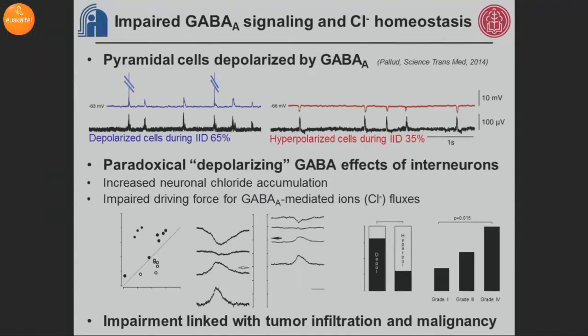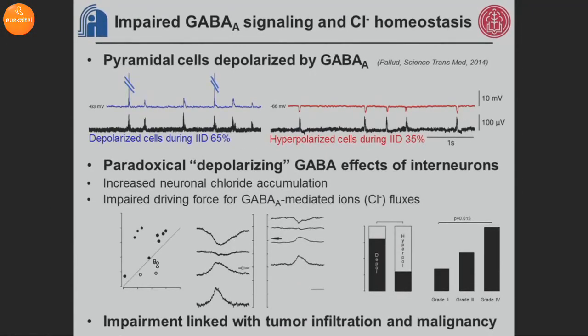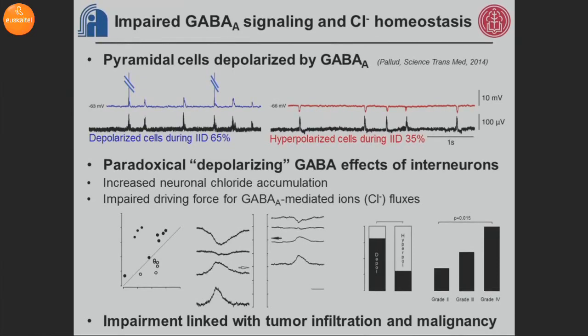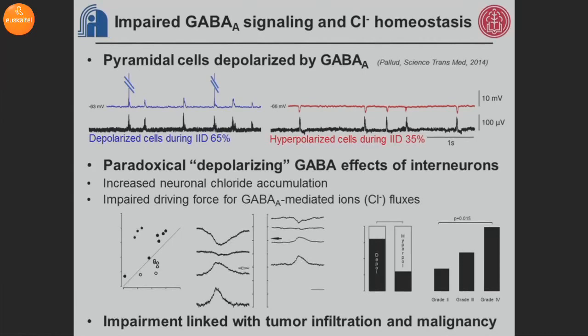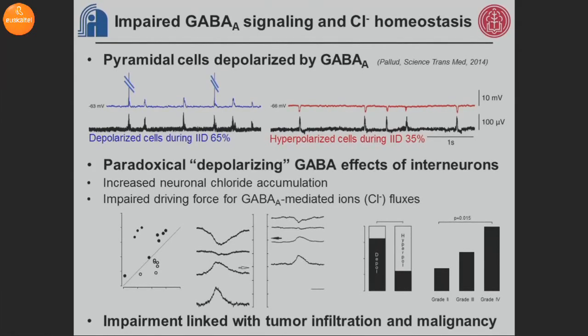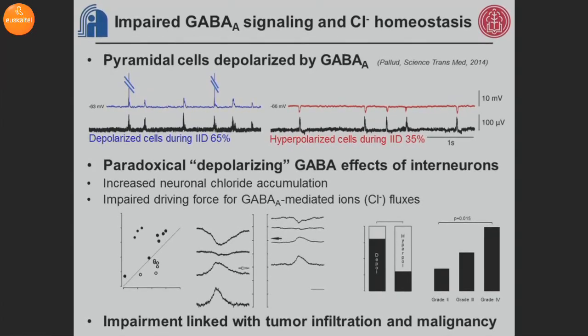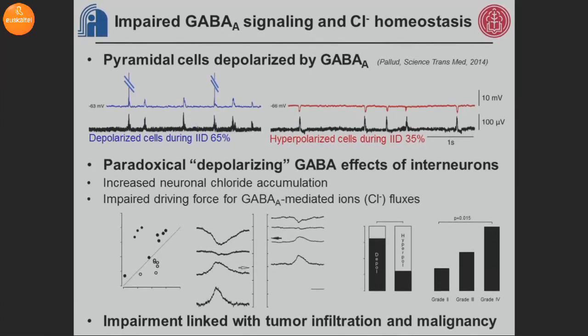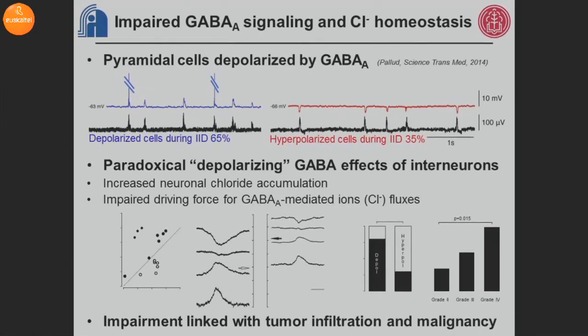So it is quite surprising because we have an epileptic activity which is triggered by GABAergic signaling, and we observe a paradoxical response of pyramidal cells, because one should expect a hyperpolarization of a pyramidal cell following GABAergic triggering. But we observe in more than 60% of cases, as you can see on the left side in blue, that pyramidal cells were paradoxically depolarized following GABAergic inhibition.